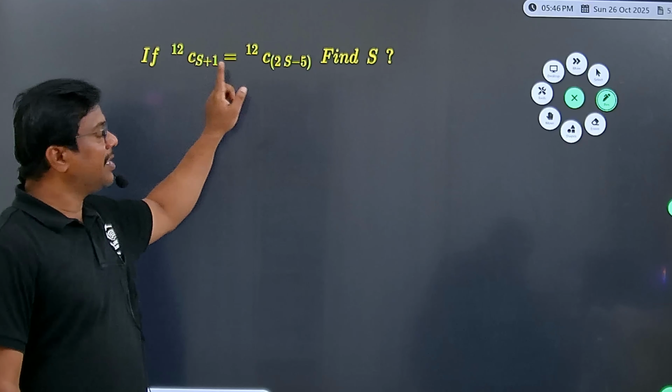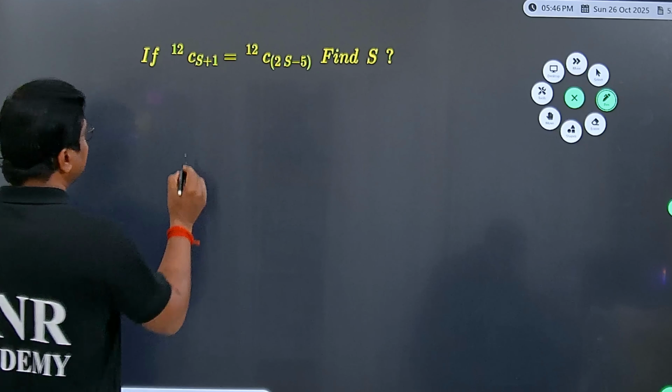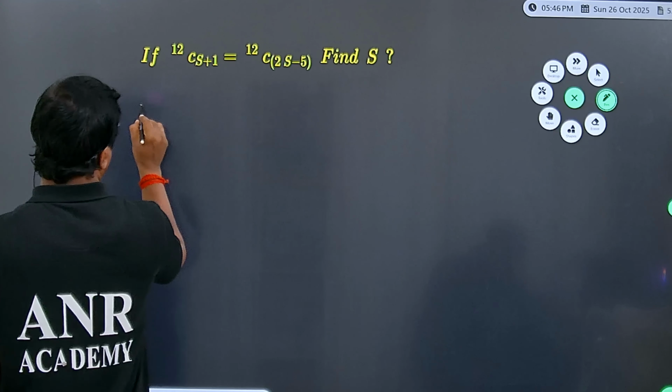12C S plus 1 equal 12C 2S minus 5. Then find the value of S. This is the question. The same here I am going to apply.